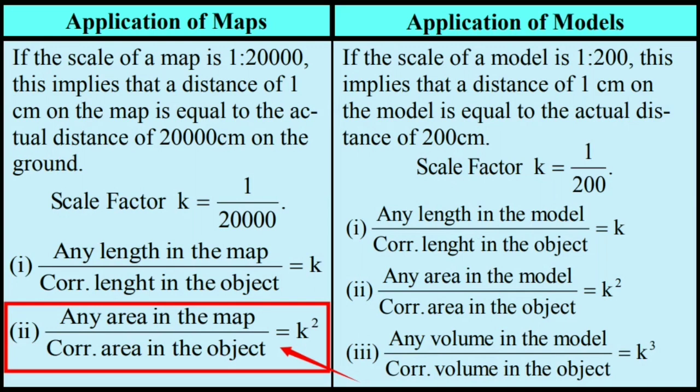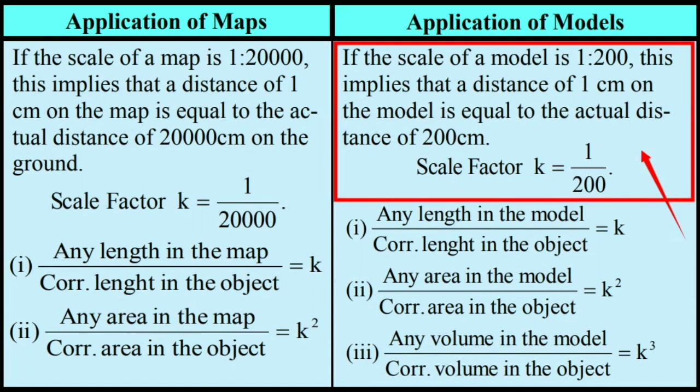Well, in the same chapter similarity, we have studied that the ratio of the areas of similar triangles is equal to the square of the ratio of their corresponding sides. And here the ratio of corresponding sides is represented with the letter K, scale factor.